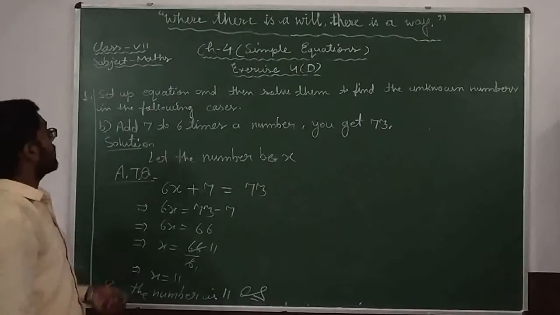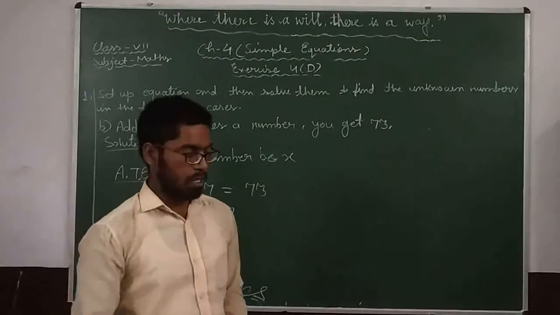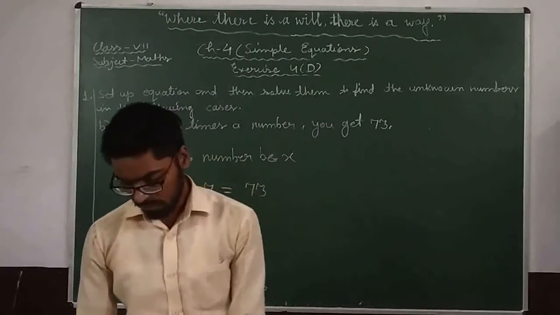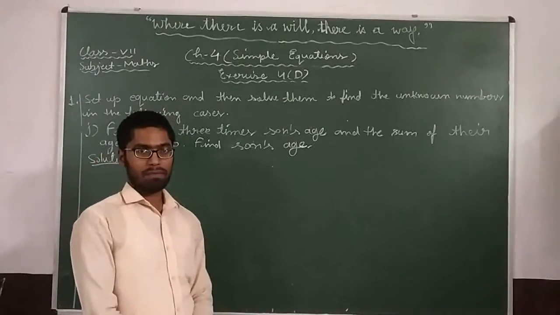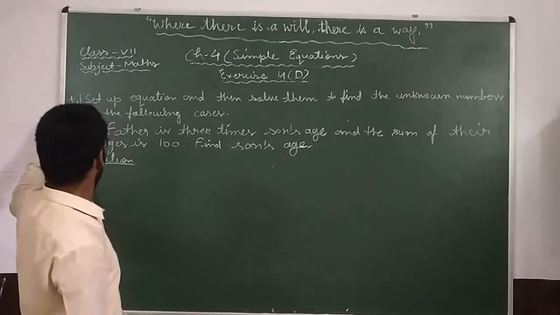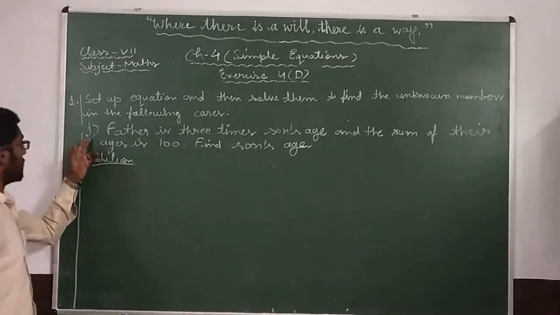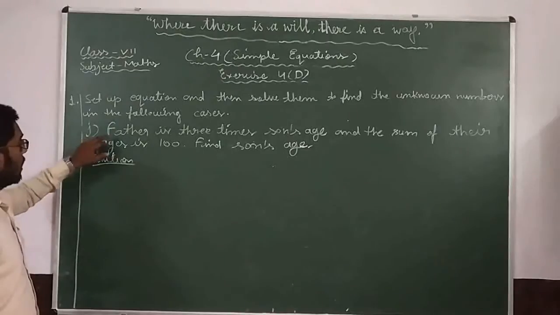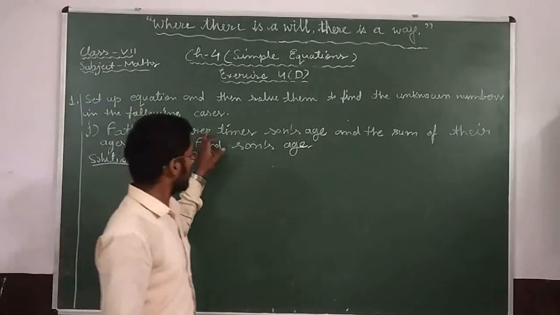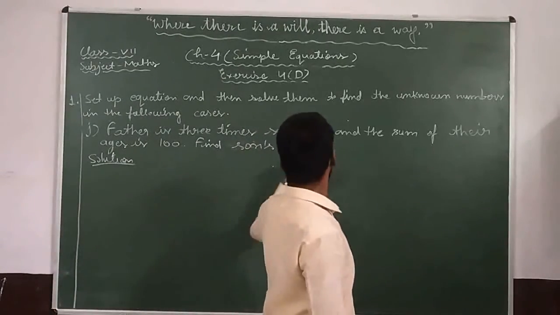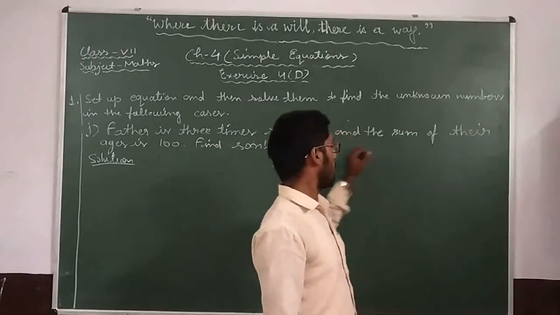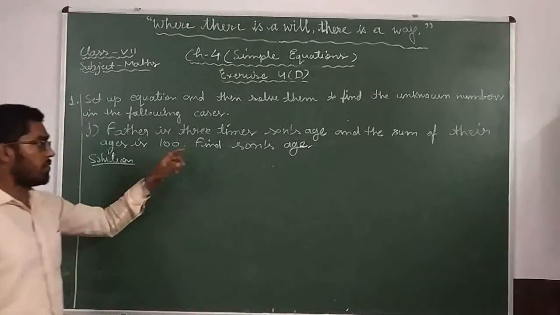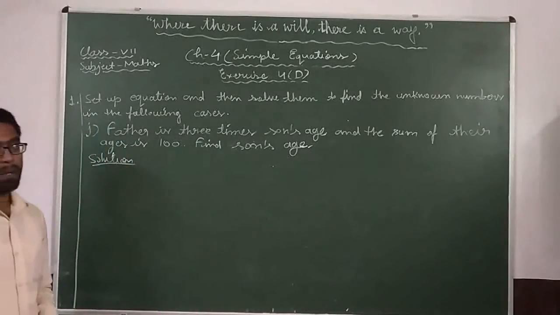Okay. Let us have the next part of question number 1. Question number 1, part number J. Father is 3 times son's age, and the sum of their ages is 100. Find son's age. Okay.